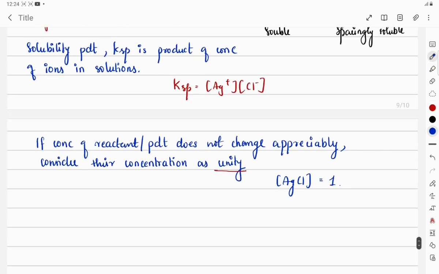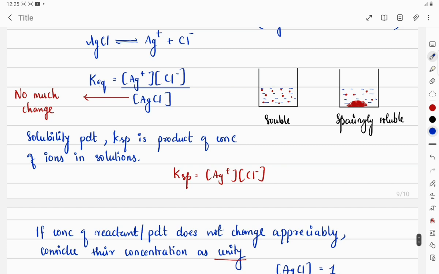If I consider it that way, what will happen to my K equilibrium and KSP? If AgCl is equal to 1, then K equilibrium will be equal to concentration of Ag plus into concentration of Cl minus.